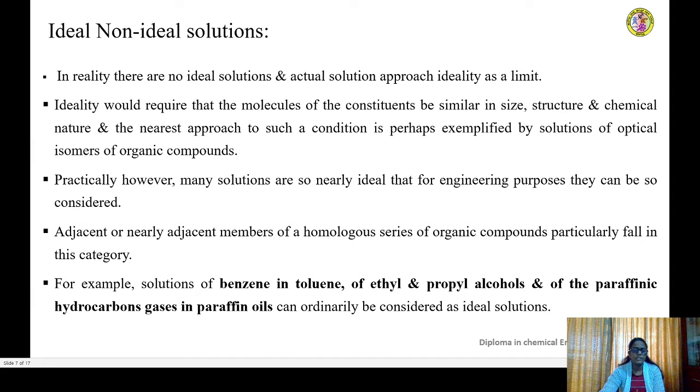The nearest solutions that approach this condition are optical isomers of organic compounds. Only such solutions can be called ideal. So, all other solutions that we usually come across are actual solutions. However, practically many solutions are very nearly ideal. Means ideality sets a limit, and some solutions are close to that ideality, and some solutions are away from that ideality. Okay.